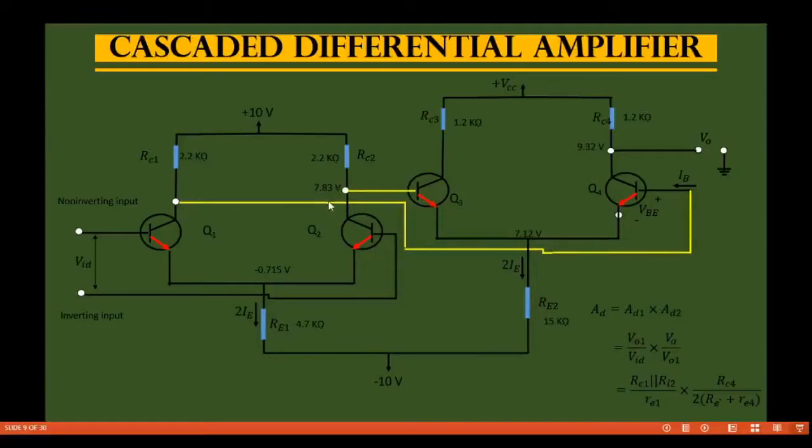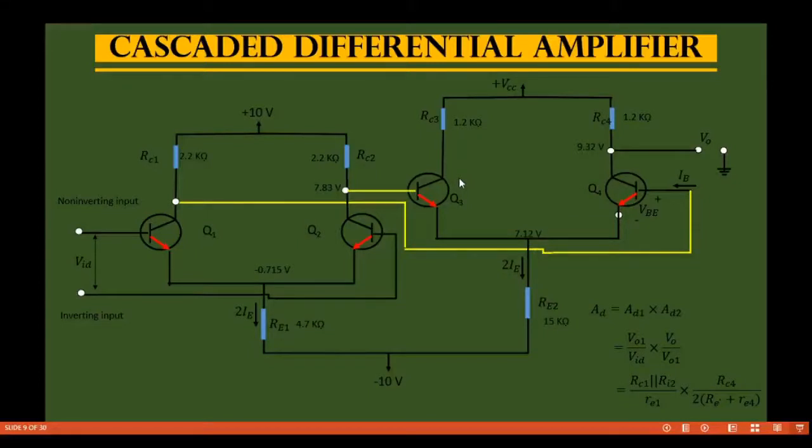We are collecting the output at both collector sides. Then the output of the first stage is fed into the input of the second stage, which consists of dual input unbalanced output. So this is a cascaded differential amplifier example that I am showing you in this slide.